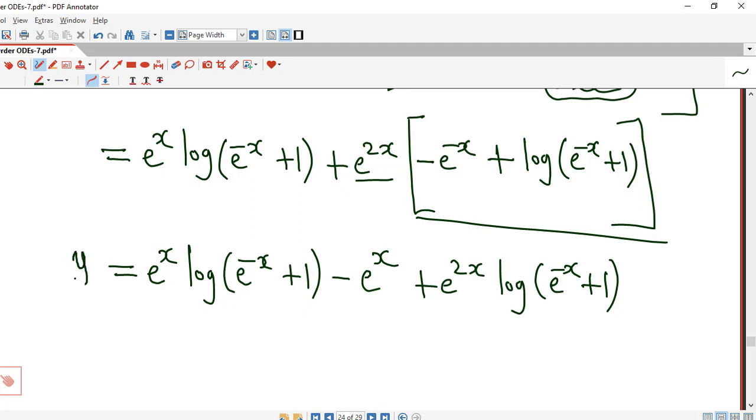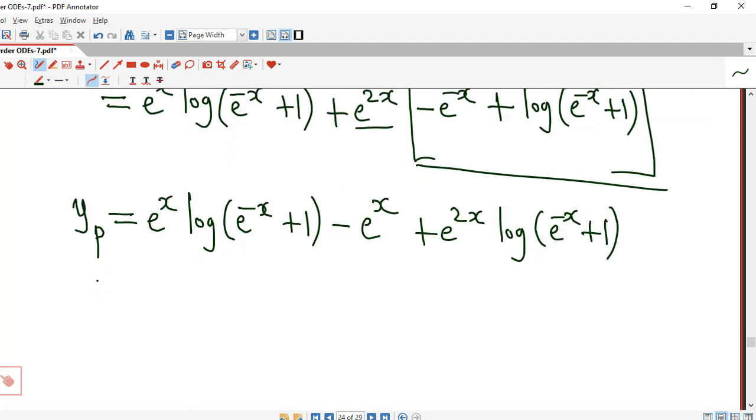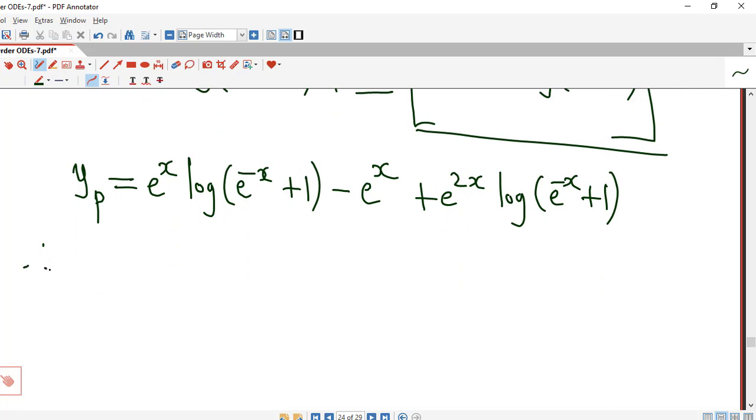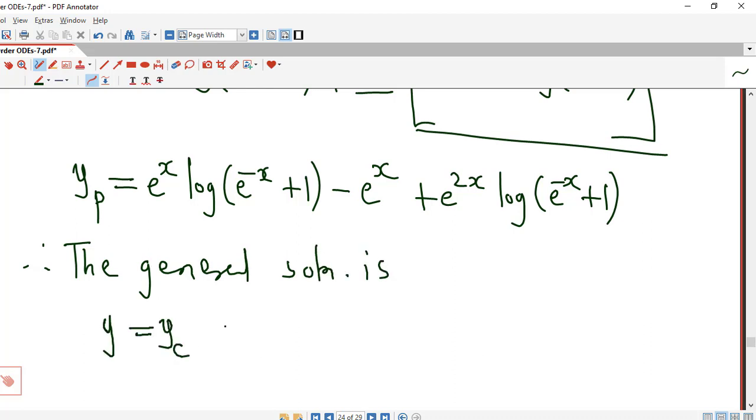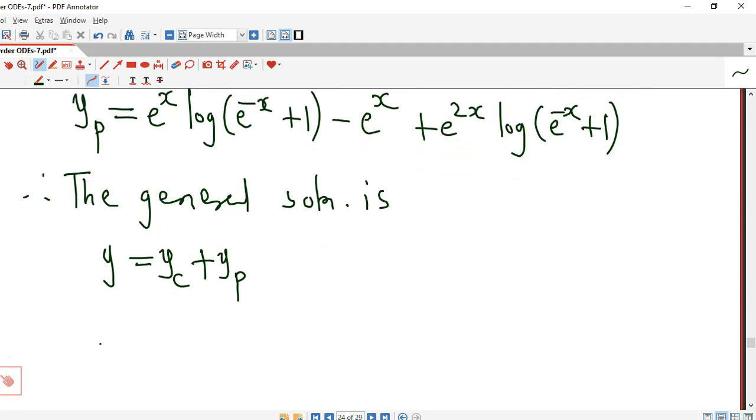So this is our particular integral, and finally we have to write down the general solution. Therefore the general solution is y equal to complementary function plus particular integral. Therefore y equals the complementary function, which was c1 e raised to x plus c2 e raised to 2x, and we write down this.